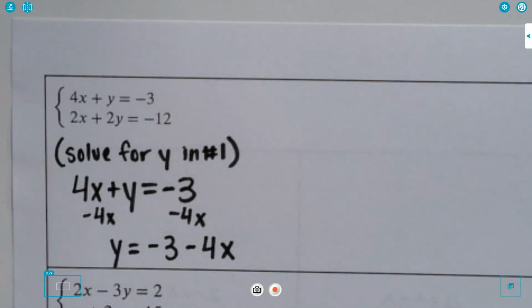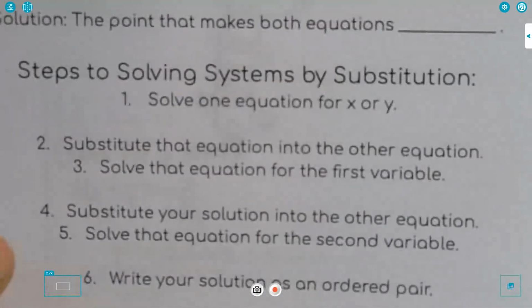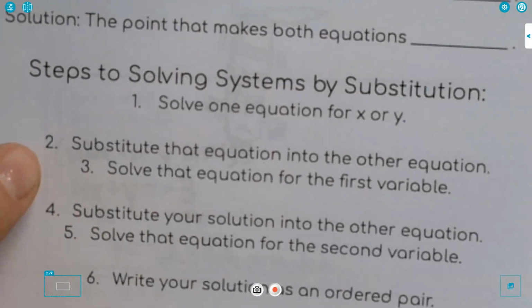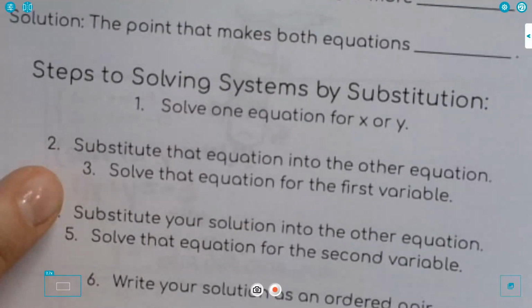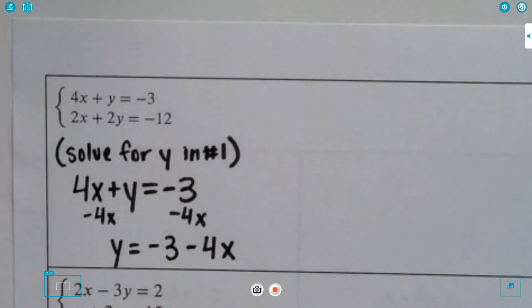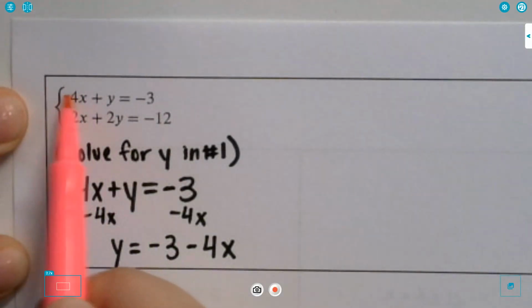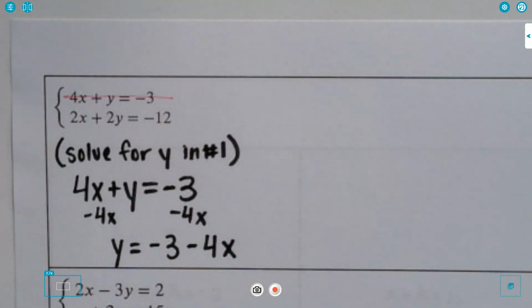Now, we are ready to go back to our old steps 2 and 3. So step 2 is to substitute that equation into the other equation. Step 3 is to solve that equation for the first variable. So we have to remember that we just rearranged that top equation. If you would like to gently cross it out, you can. Don't scribble all the way through it because you want to be able to see what it is so you can refer back to it later.